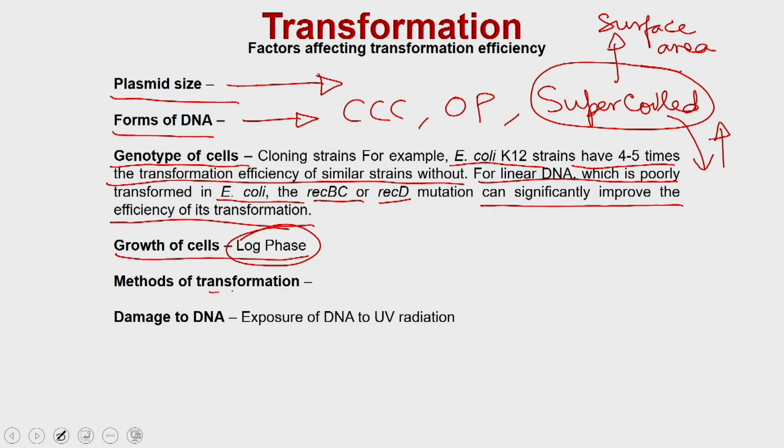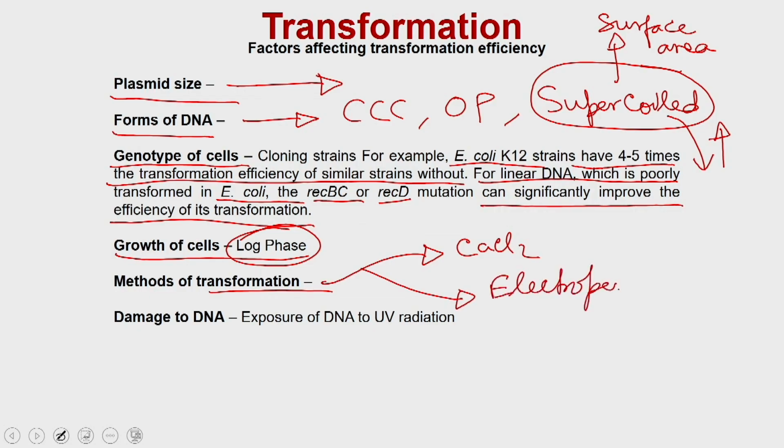Then the methods of transformation: we have discussed the calcium chloride method and the electroporation. Electroporation will give you more efficiency compared to the calcium chloride method.